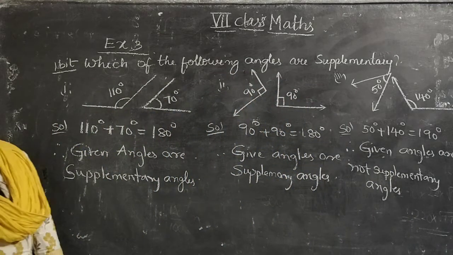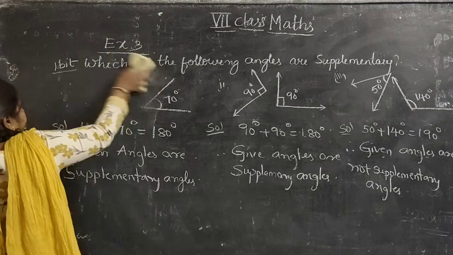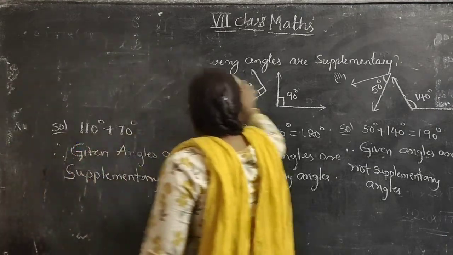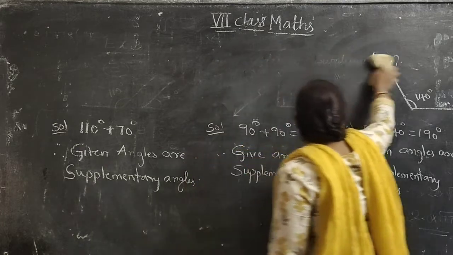Second one, find the supplementary angles of the given angles. They have given only one angle. We have to find the other angle which is supplement to the given angle.